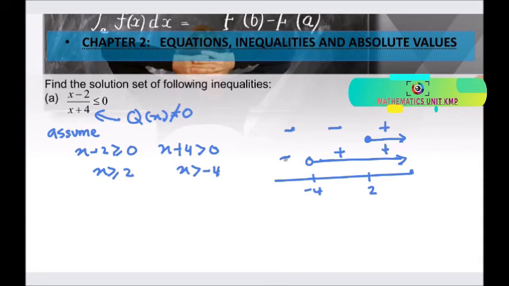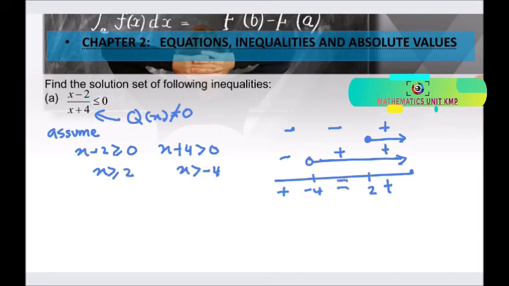Negative multiply with negative will get positive. Negative multiply with positive will get negative. Positive multiply with positive, we'll get positive sign. So for the answer, we look at the inequalities here. The sign is less than or equal to 0.